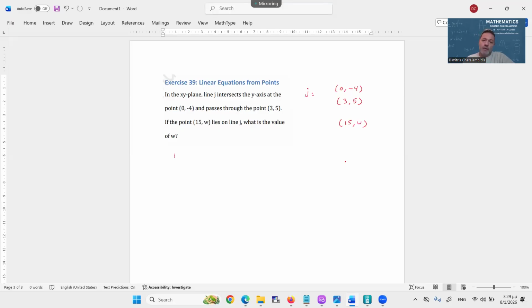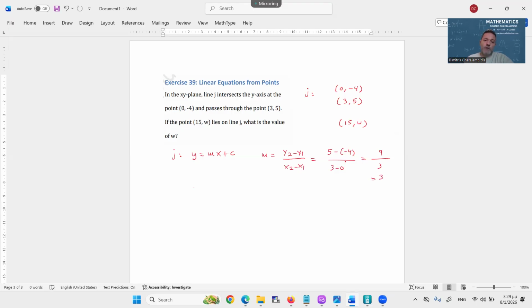Remember that any line can be expressed in its slope form as m times x plus c. With regards to the slope, this can be taken by this formula, y2 minus y1 over x2 minus x1. In our case, that would be 5 minus (-4), which is 9, over 3 minus 0, which is 3, and all that is 3.